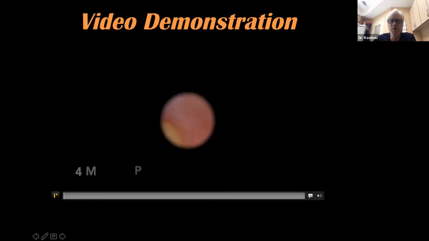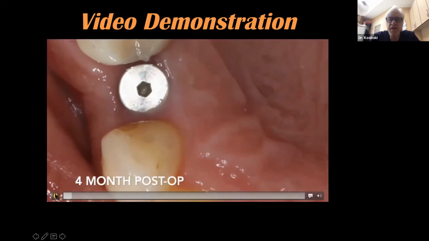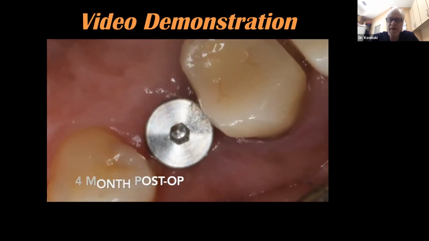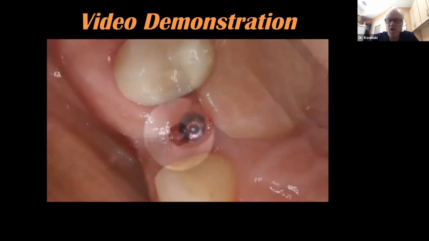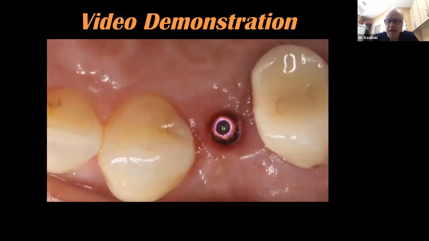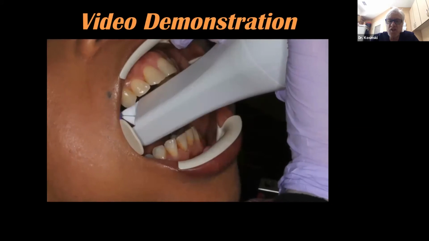And here's a little short video. After the tissue is healed, after 4 months of integration, you can see we basically have the same result. We form a nice tissue cuff, which is periodontally sound. We have a band of attached gingiva.